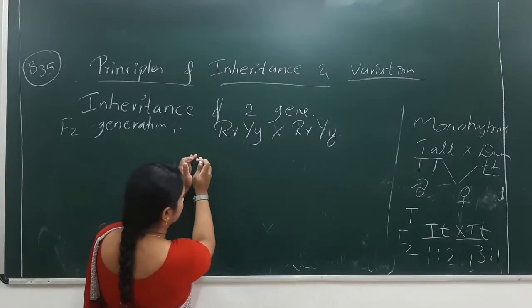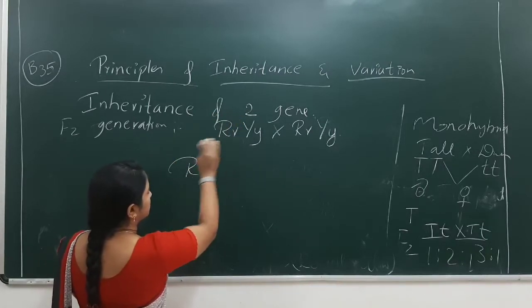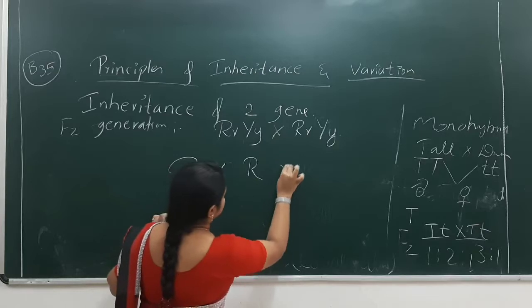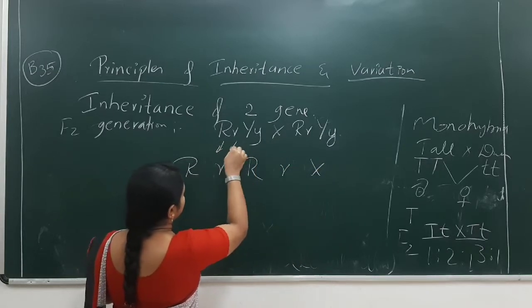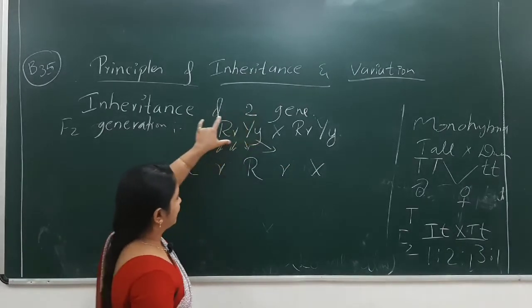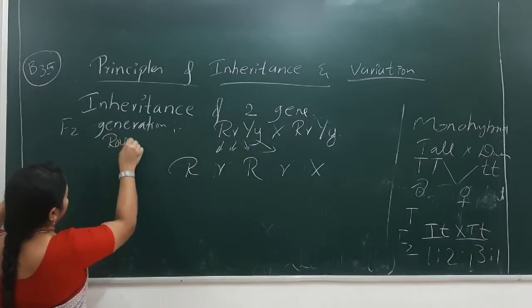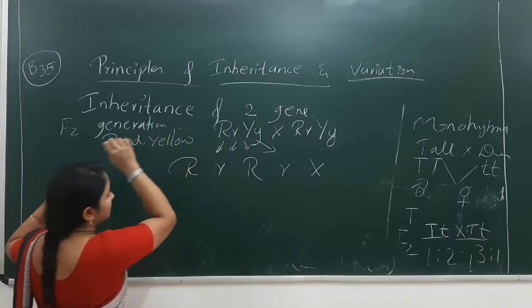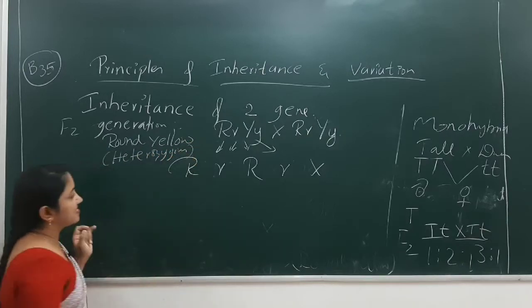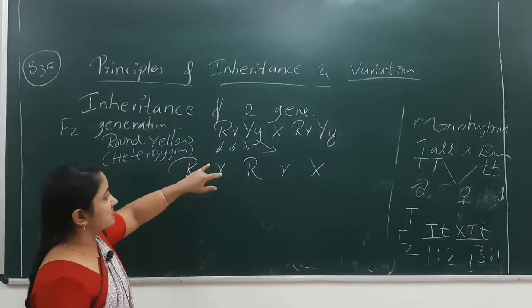So, 50% of the gametes take the capital gene. Capital gene means dominant gene like this, and 50% will take the recessive gene. So, I am writing the gametes of this parent. This parent is round and yellow, but it is in heterozygous condition. The segregation of gametes is a little bit different from the monohybrid cross.